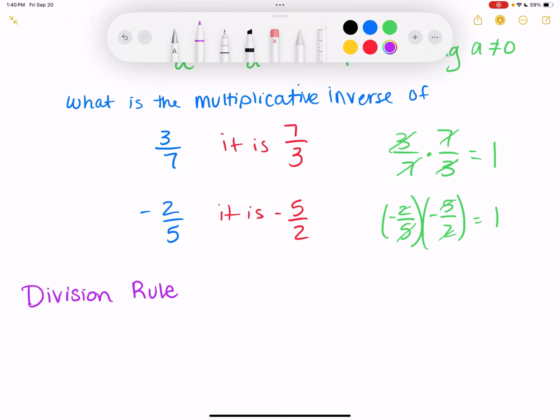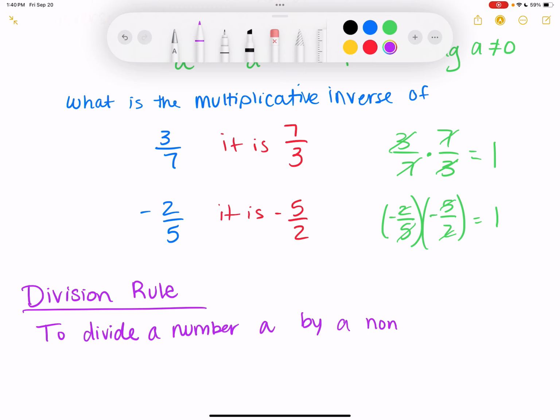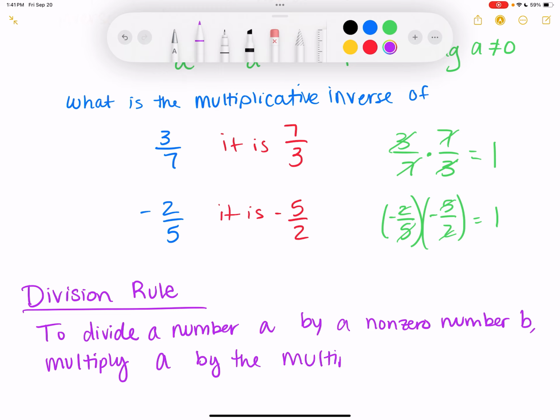So this says to divide a number A by a non-zero number B, multiply A by the multiplicative inverse of B.